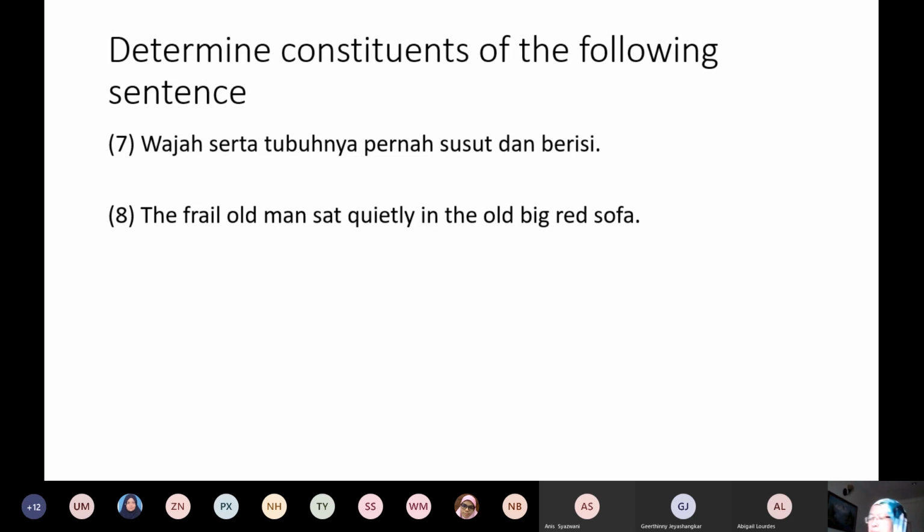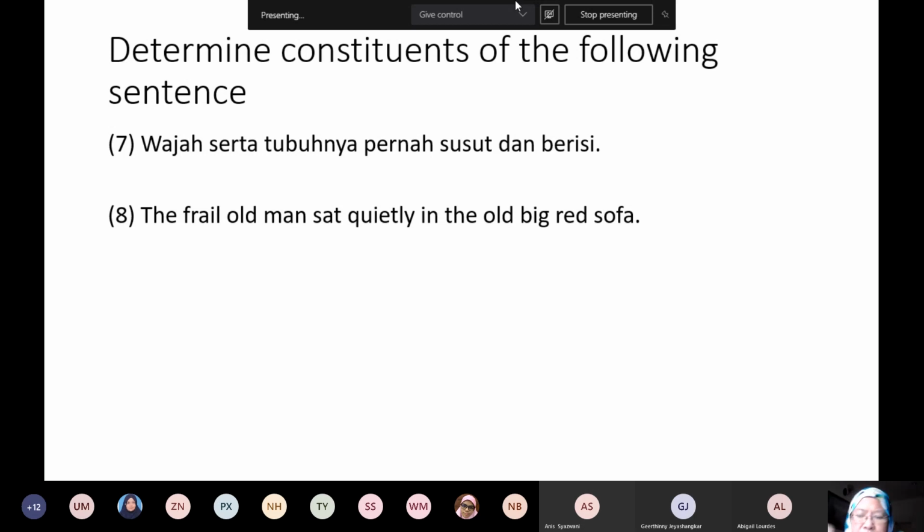Okay. So do spend, let's say, try and do, you just take one of the sentence and do 2 tests to prove. So you choose from the sentence that you choose, which constituent yang you nak test.